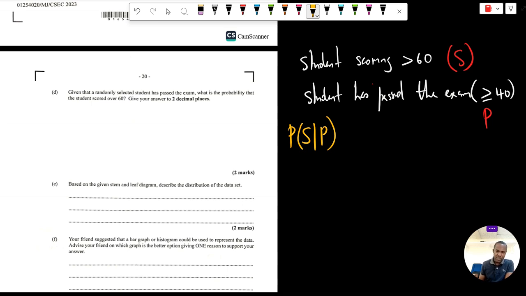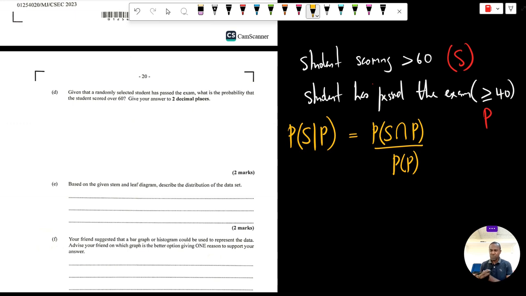So we want to find the probability that a student scores over 60 given that the student has passed. And so we typically represent this as P of S intersect P over P of P. When we are evaluating a conditional probability, it's like our sample space has now been reduced to represent the condition that we're actually given.